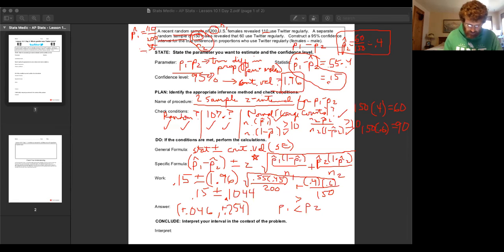That's going to be the conclusion that we come to, because in every case in our confidence interval right here, our P1 value is greater than the P2 value, and we ended up with a positive result. If anything in our confidence interval was a negative number, then that would have been a situation where P2 is greater than P1. But there is no outcome with a 95% confidence where P2 is greater than P1. Every one of them has P1 greater. And remember, this is related to the females and this is males.